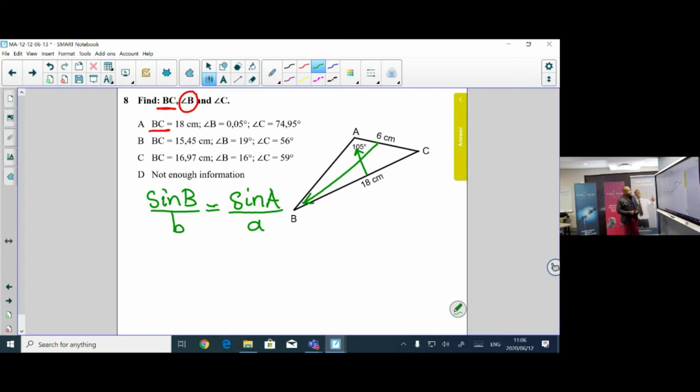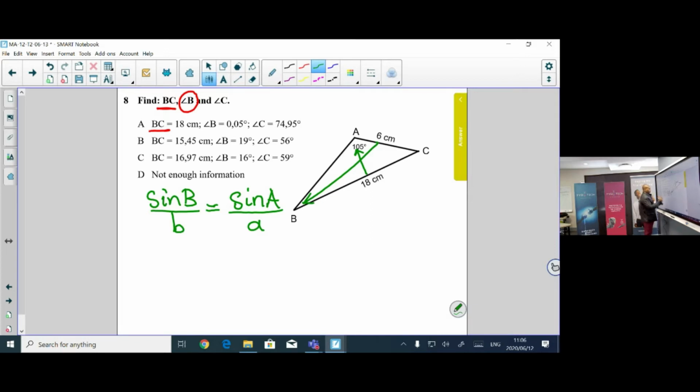We could have still maintained the format of starting with the small letters on top. That will still work as long as you'll be able to cross multiply properly and make your question the subject of formula. But it's easier when B, which is what we are looking for, is already on the numerator.